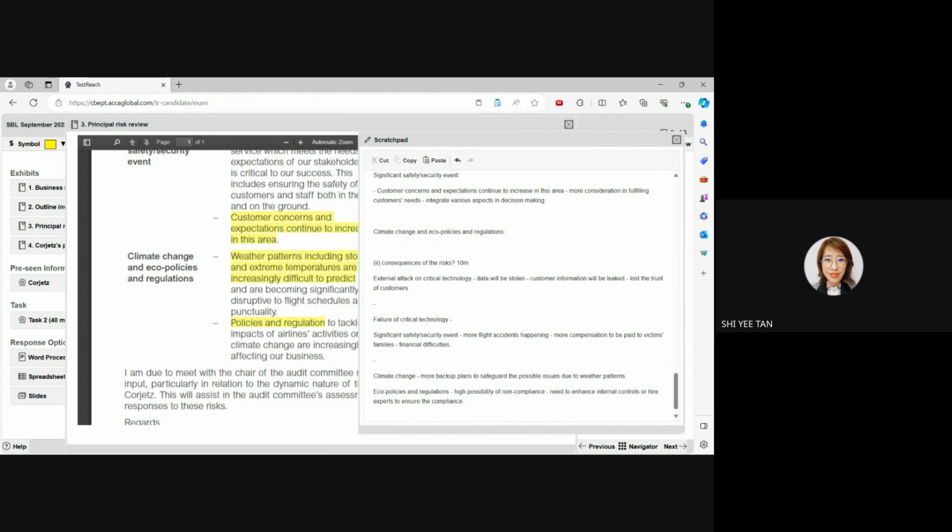Then how about failure of critical technology? Failure of critical technology will cause operations disruptions. Your customer cannot check in, your customer cannot print the baggage tag and so on. Your operations will be disrupted. With operation disruption, you need to spend time and effort to take care of all these things.